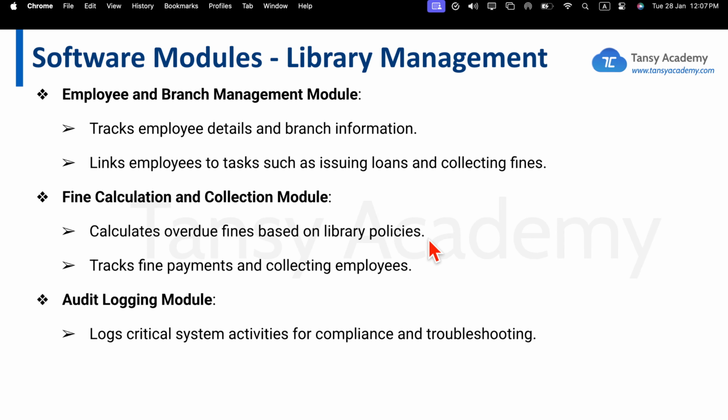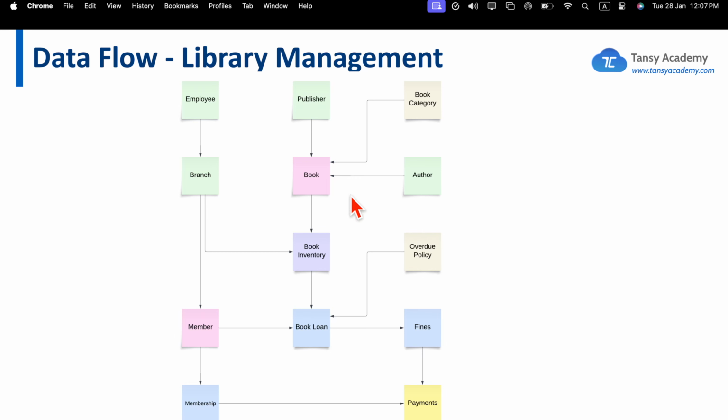And then here is a high level view of how the data is going to flow in this library management. Here are the core entities of our application, that's member and book. A member will have a membership. He will make payments for the membership, and if there are any fines against the book loan or book leasing, he will be paying the fines.